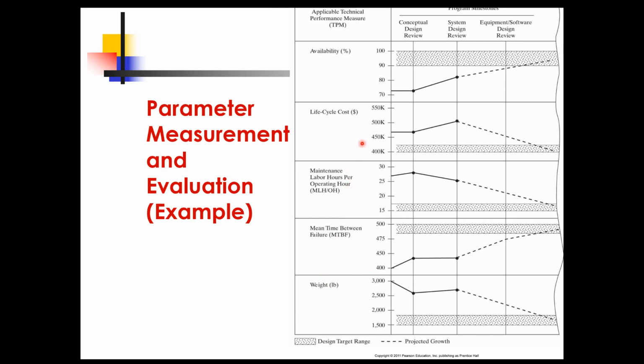So we have gone through all this conceptual design and different phases of system engineering design. You can use this tool to track where you are. At some point, when you define the technical performance measure, you must have defined either a target or ranges for an acceptable target.